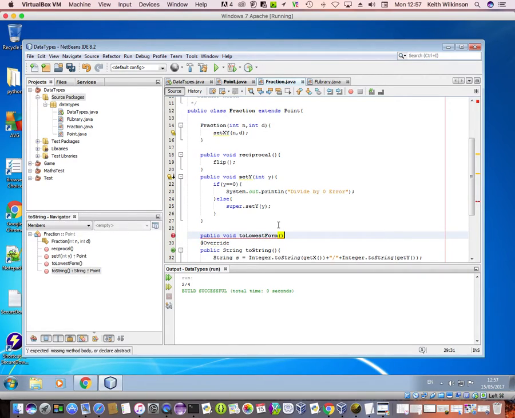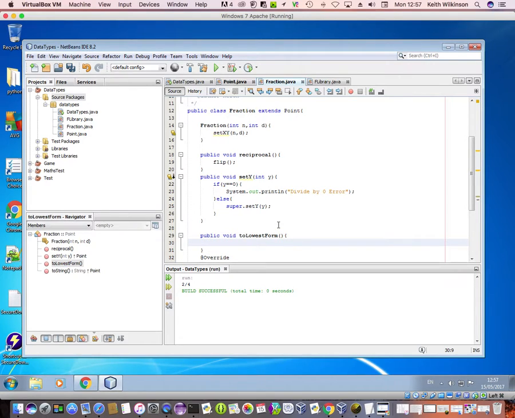So what it's going to do is take whatever the x and y values are of the actual fraction itself, and it's going to just reduce them to the lowest form using the methods in point. So let's start off. I need a result, because I need to find the highest common factor and store that.